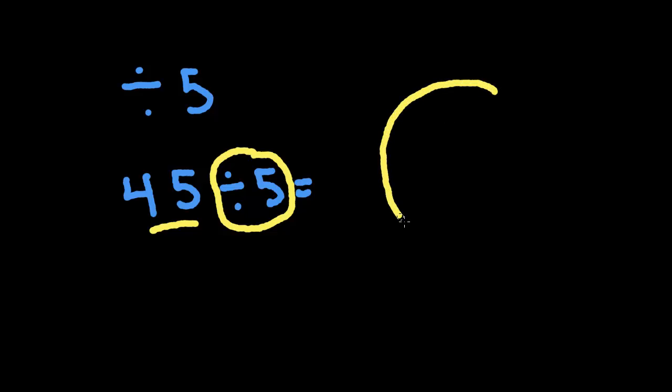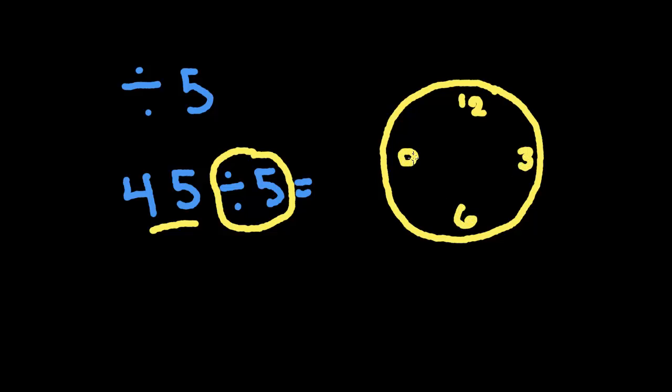So I ask myself, if I have a clock, what number would the hand be pointing to if it's 45 minutes past the hour? Well, 45 minutes past the hour is when the big hand points to the 9. So that means the answer to this problem is 9.